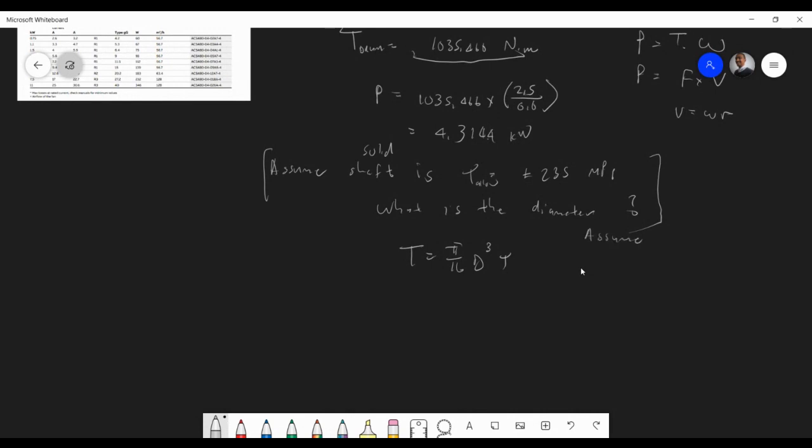I'll say assume 25% from mean. So all you have to do is say 1035.466 times 1.25 over π over 16 times allowable shear 235, and make this d. Sorry, it's cube root.